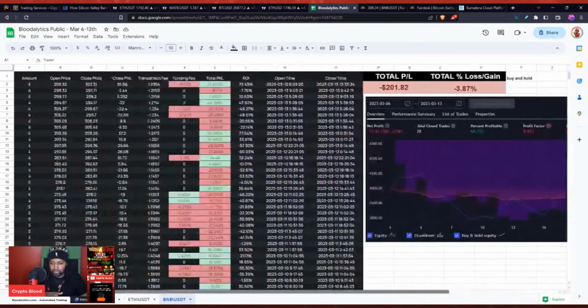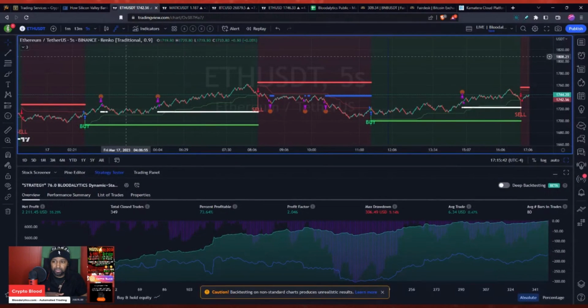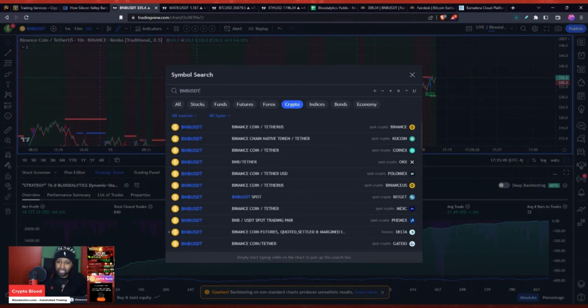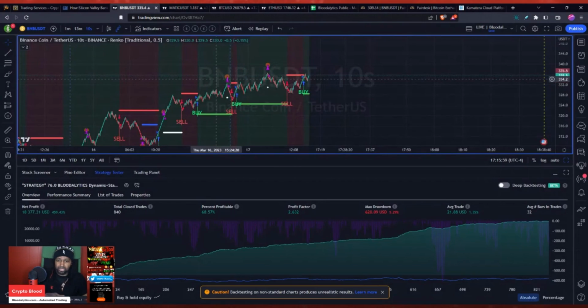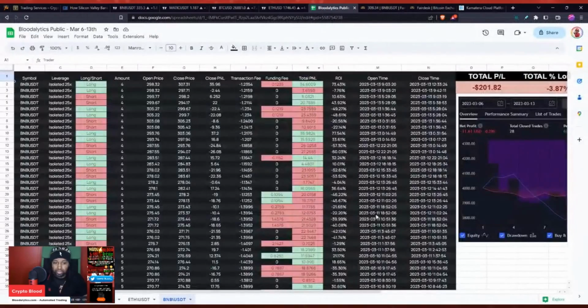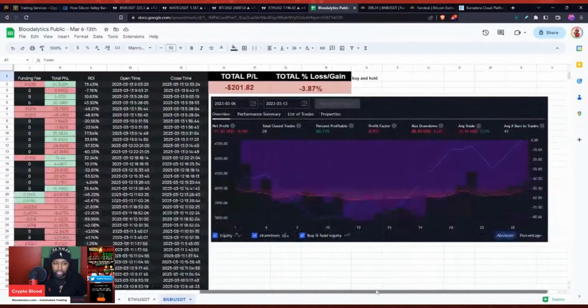So again, I've tweaked that, and now we should have the algo referencing Binance versus USDT instead of USD. I had USD initially, so this should give us a better, more accurate reading, and performance should line up closer to how the results are coming from TradingView.